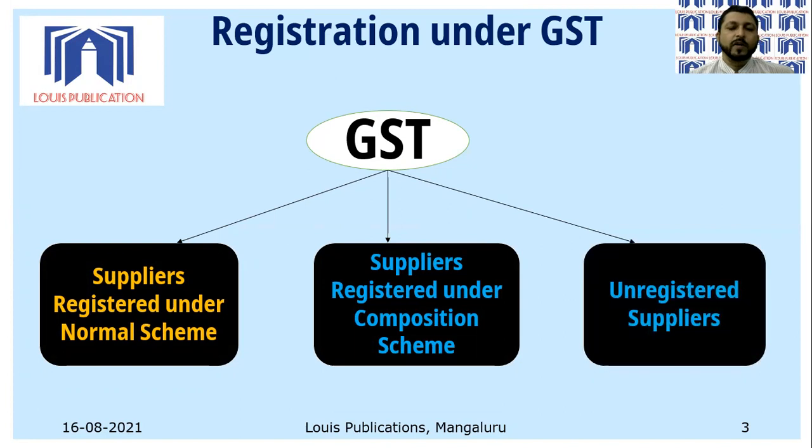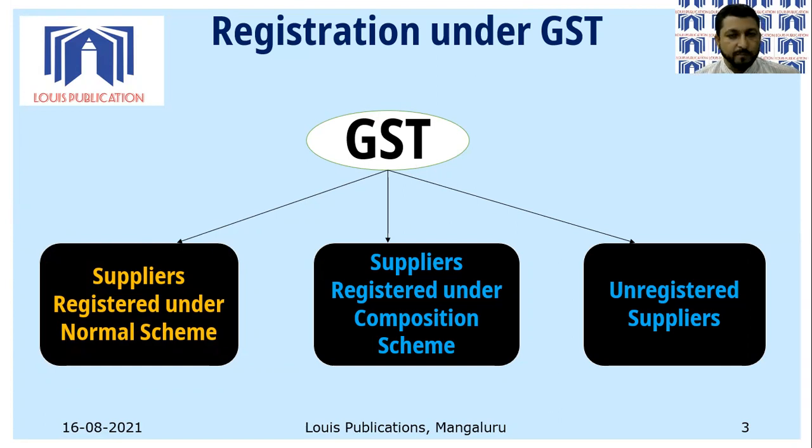There is a threshold limit of 40 lakh rupees as far as a normal scheme registration is concerned. Then under composition scheme, we have a threshold limit of less than 1.5 crores. And for special category states, it is 75 lakhs. But there are quite a few suppliers in our country who remain unregistered.